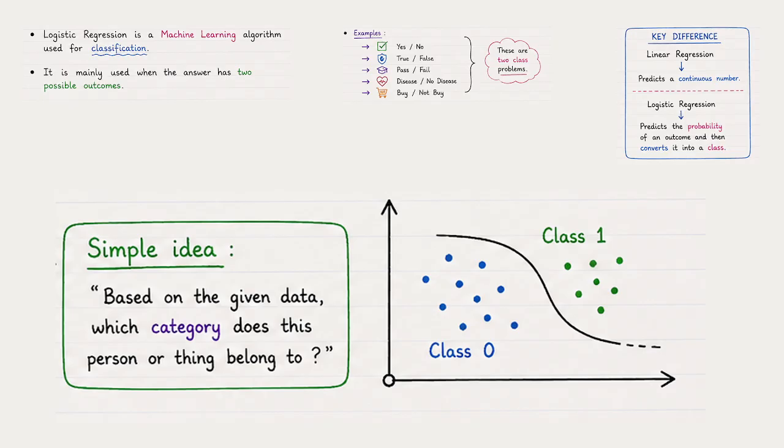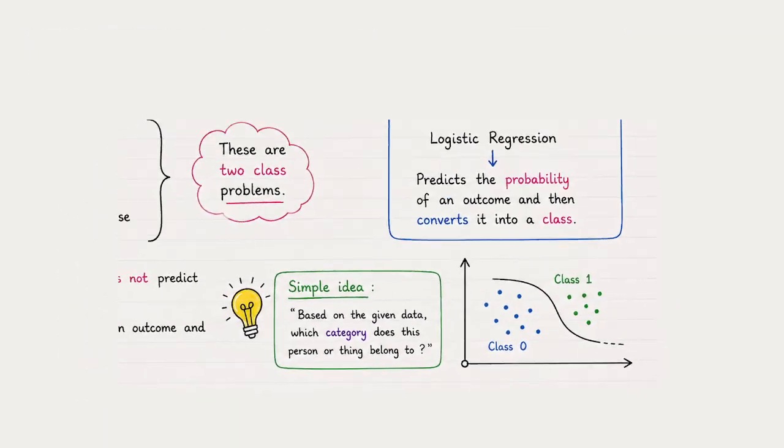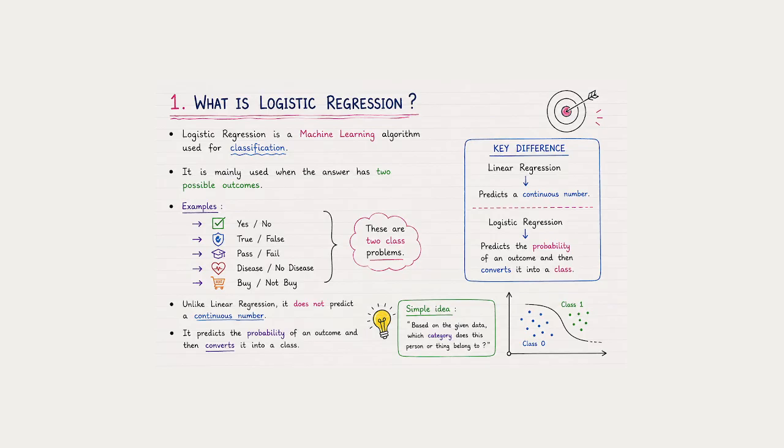So now we know how machine learning works, right? It always predicts something based on the historical data that we have trained with. So this is the simple idea of logistic regression. Now let's understand it in a little more detail.